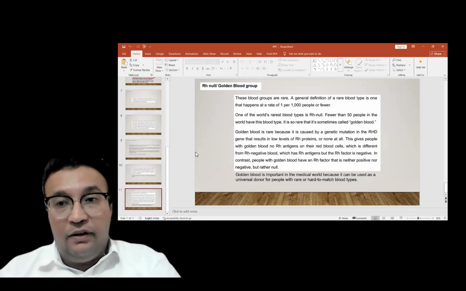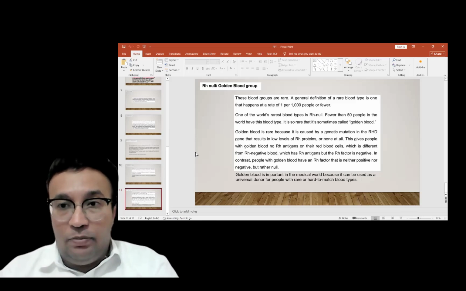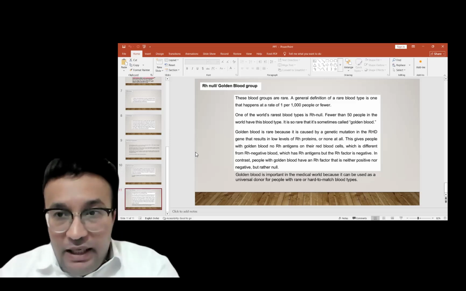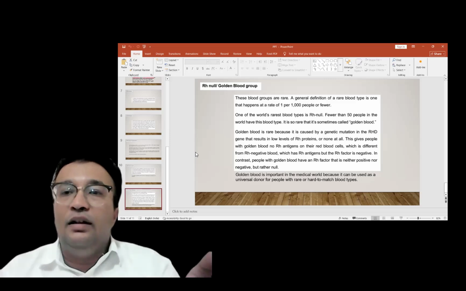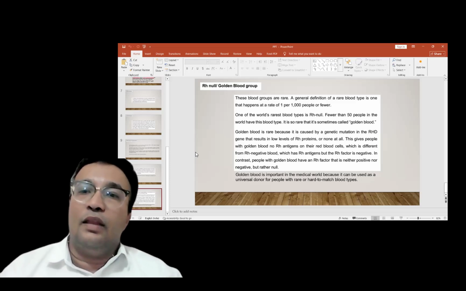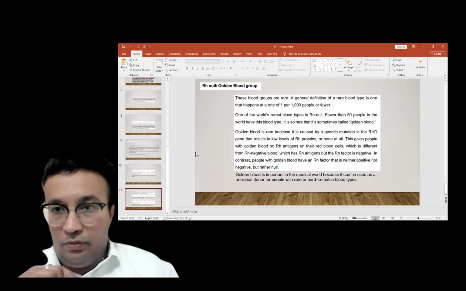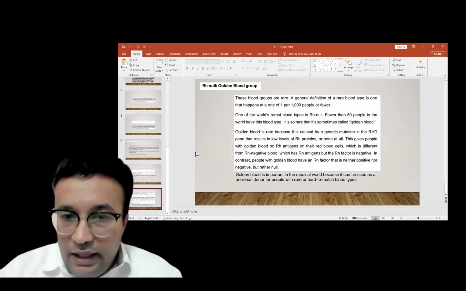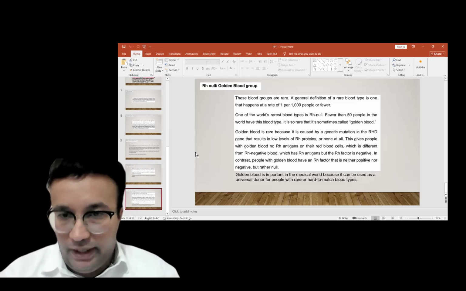Now, this is different from RH negative blood group because RH negative will not have the RHD antigen, but the other 60 antigens may be present in RH negative blood group. But in golden blood group, no RH antigen is present. Okay.